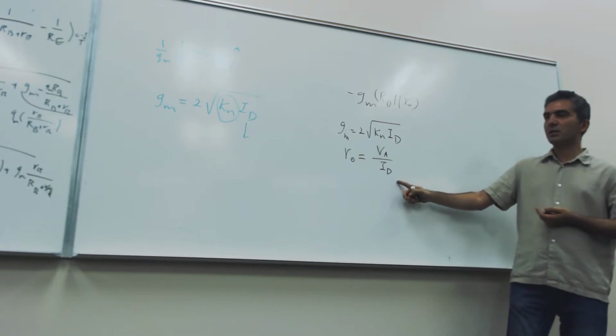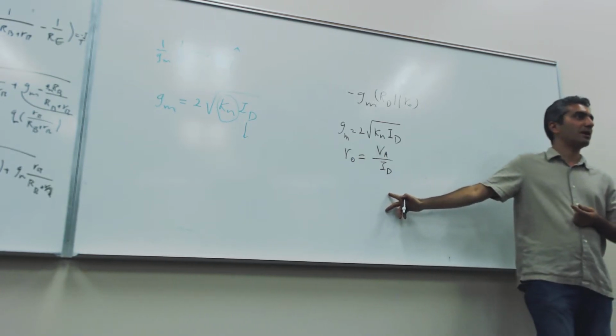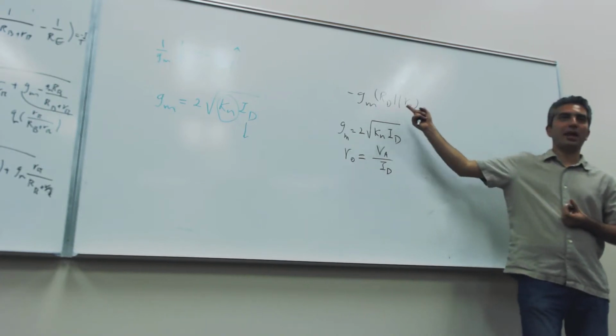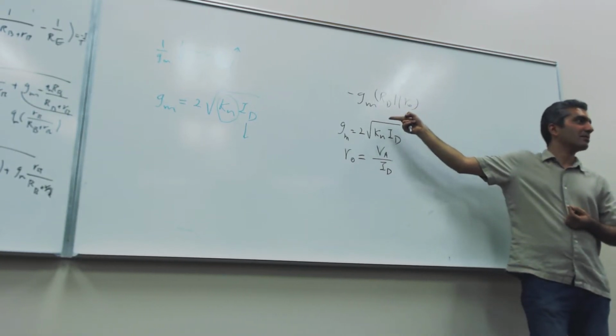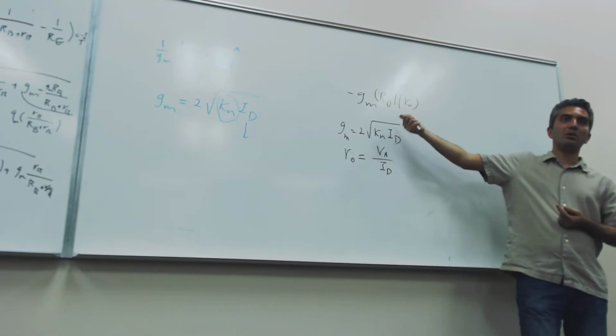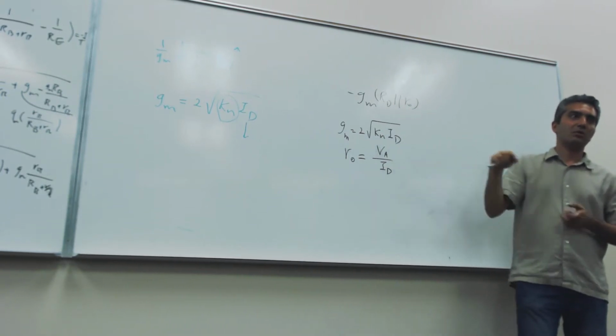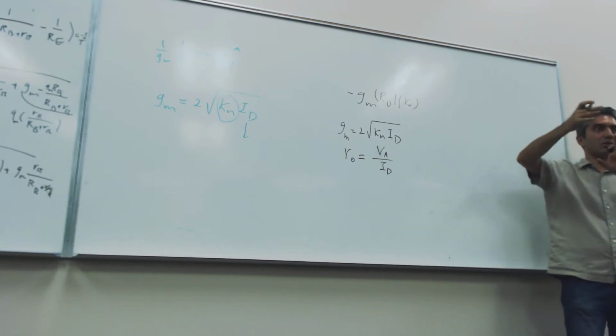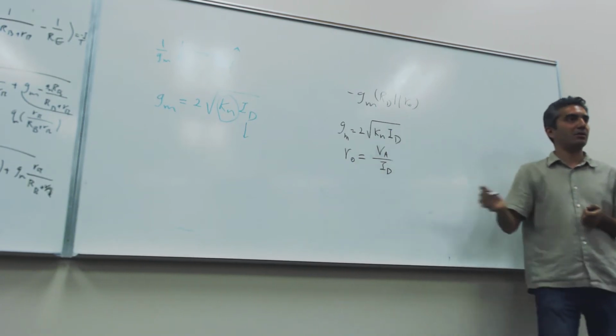So if you start increasing ID, you don't necessarily get larger gain. You have to look at that and see what that does and what kind of a limit you get out of this. So there are curves. You can plot this and see how it's going to change based on real values.